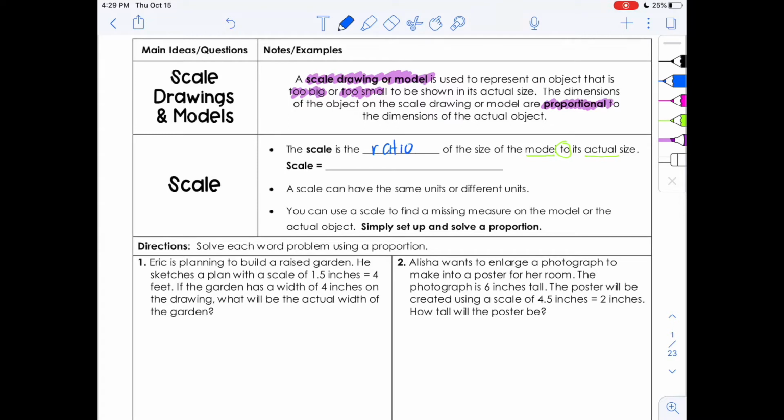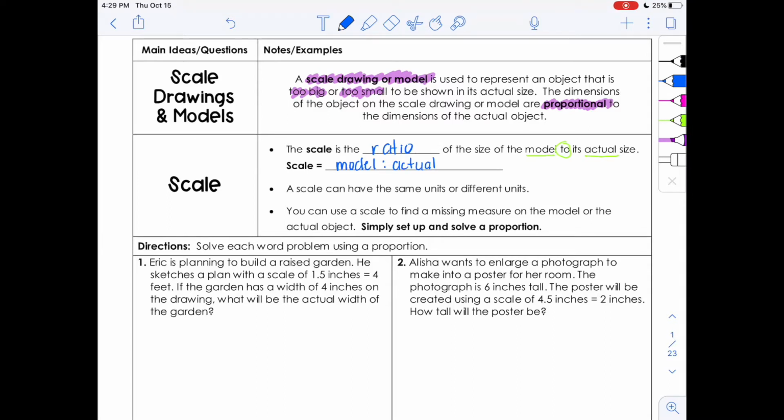The scale equals the model compared to the actual. And remember, we can write a ratio with a colon like I just have, with the word to like it did in the statement above, or with a fraction bar. And that's the way we've been using it mostly, with the fraction bar.